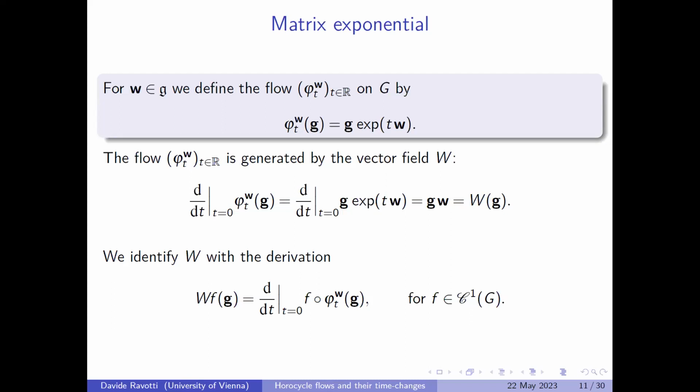And in the following, I will identify this vector field with a derivation. This is a classical language in differential topology. So every time I have a C1 function f on G, the value Wf at G is the derivative of f along the direction of the flow phi t W. This is a shorthand notation if you want.